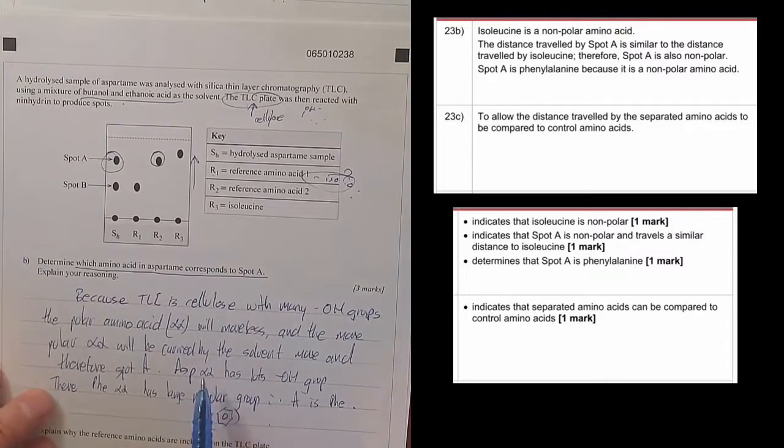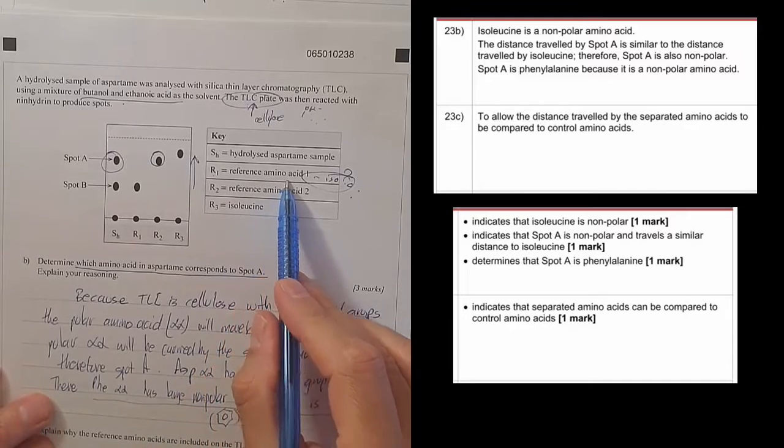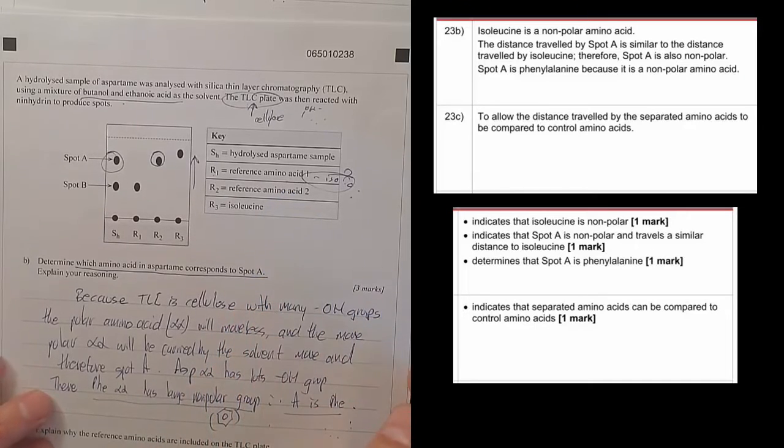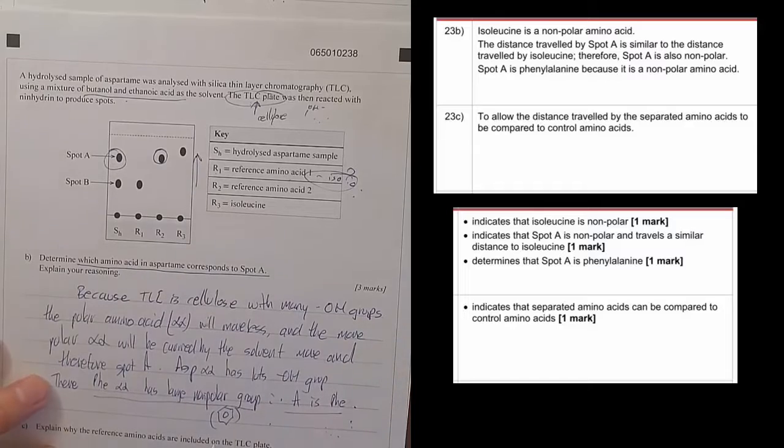I have said that phenylalanine's a non-polar group. It'll move up. So my answer is way better. According strictly to that mark scheme, I've said A is phenylalanine. There's no way you can talk about isoleucine because they didn't tell you it's isoleucine. So God knows what the actual marking scheme really was and why they still publish a dodgy mark scheme.